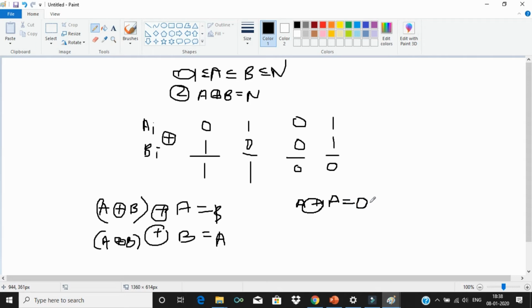And you may ask me why is this so? Using this property, this result comes out. Because whenever the two bits are the same, that is A and A have all bits the same, the result is going to be 0. That's why it is 0.